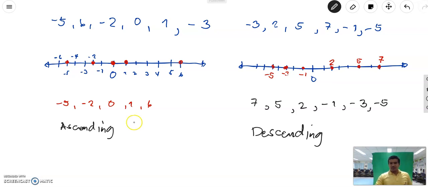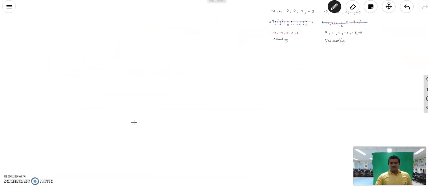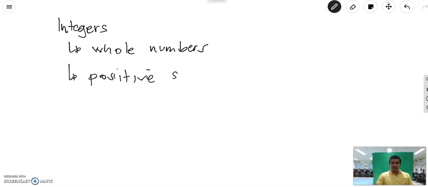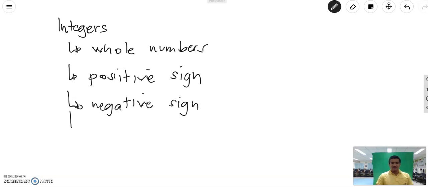So again, let's review. Integers are part of the whole numbers, with a positive sign and also a negative sign, including 0.